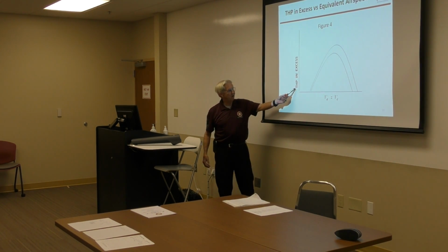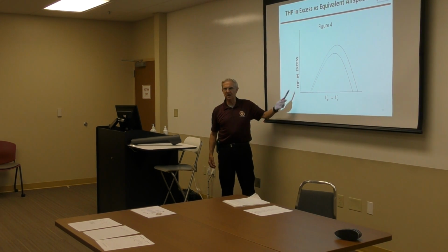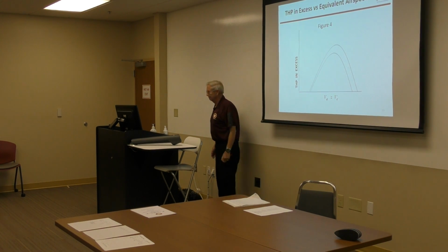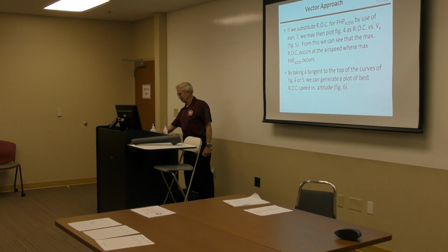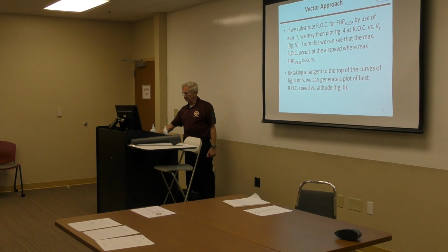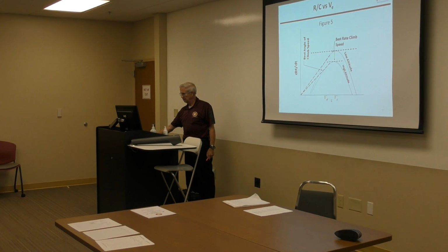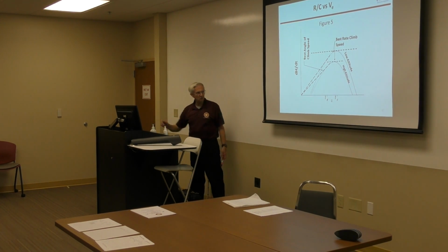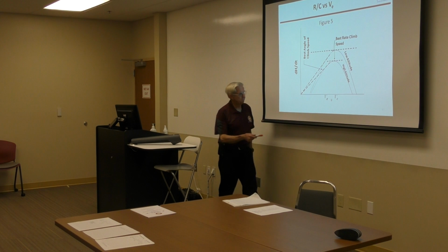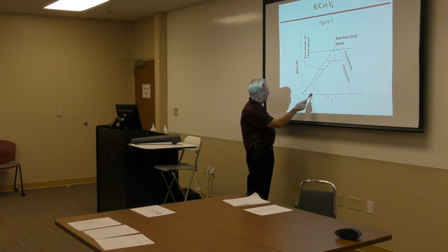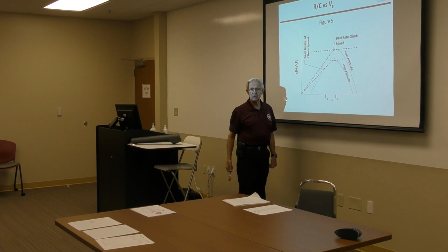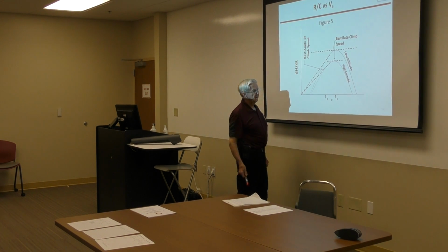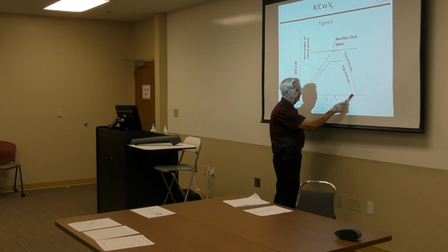And we can convert this from thrust horsepower in excess to rate of climb. And that's what I'm saying here. And you've probably seen curves that look like this, okay? Down here, that's power on stall speed, okay? Out here, max level flight speed.